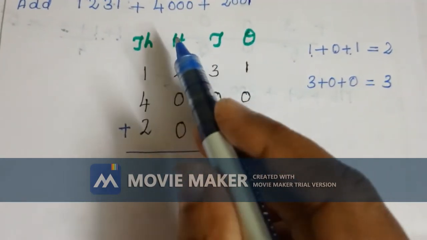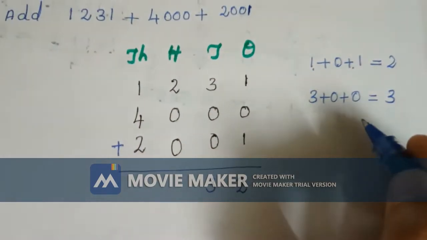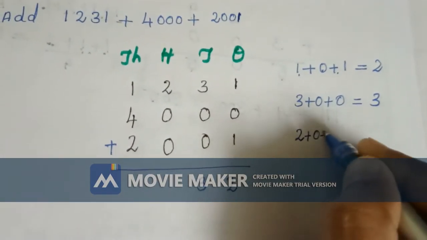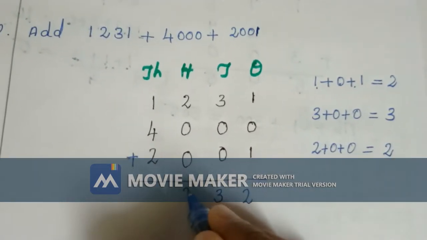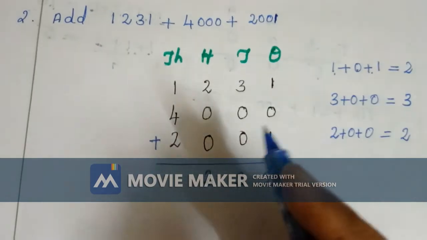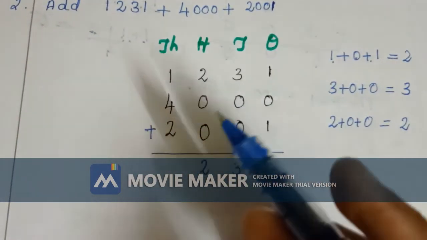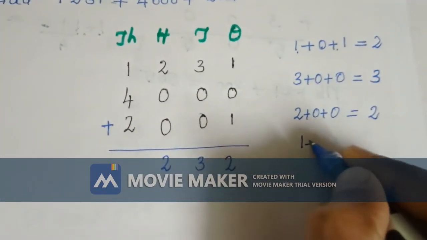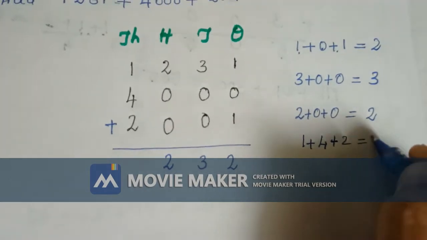The next step, you have to add the values in the hundreds place. The hundreds place values are 2 plus 0 plus 0. So the answer is 2. Write 2 in the hundreds place. Then the last step, you have to add the values in the thousands place. The thousands place values are 1 plus 4 plus 2, which gives us 7.